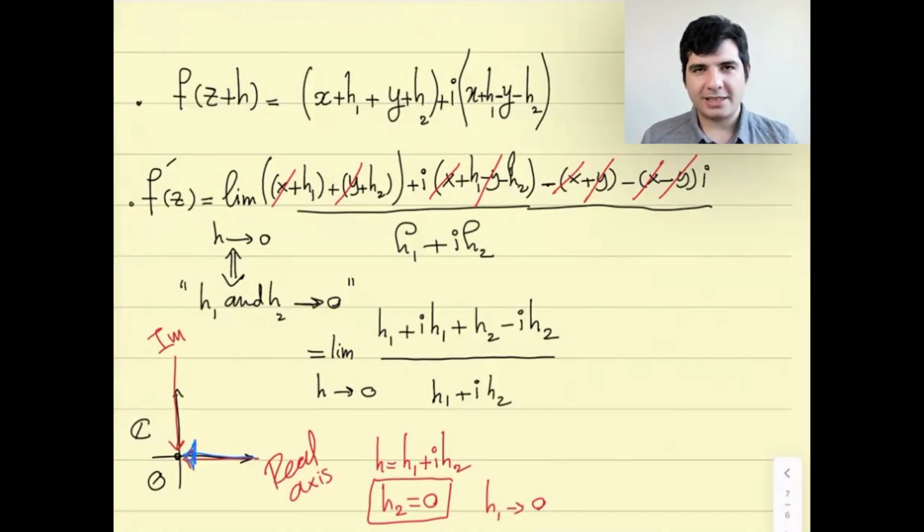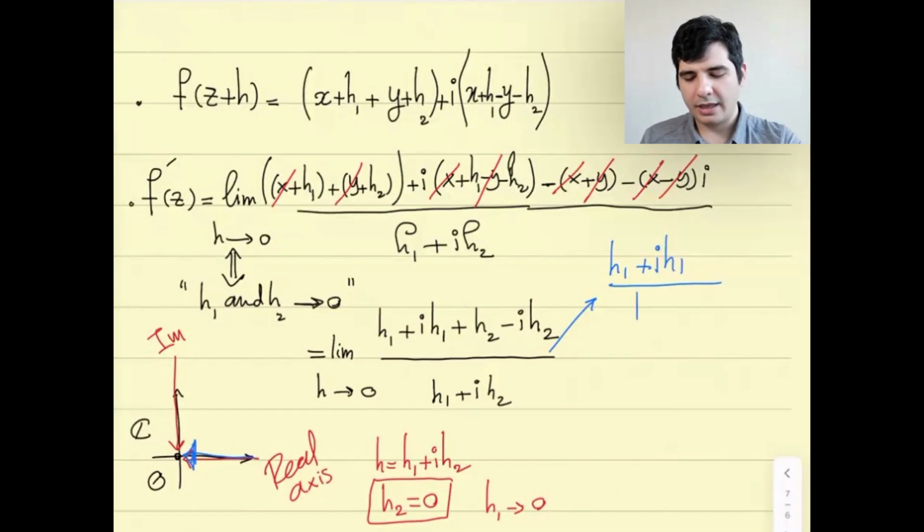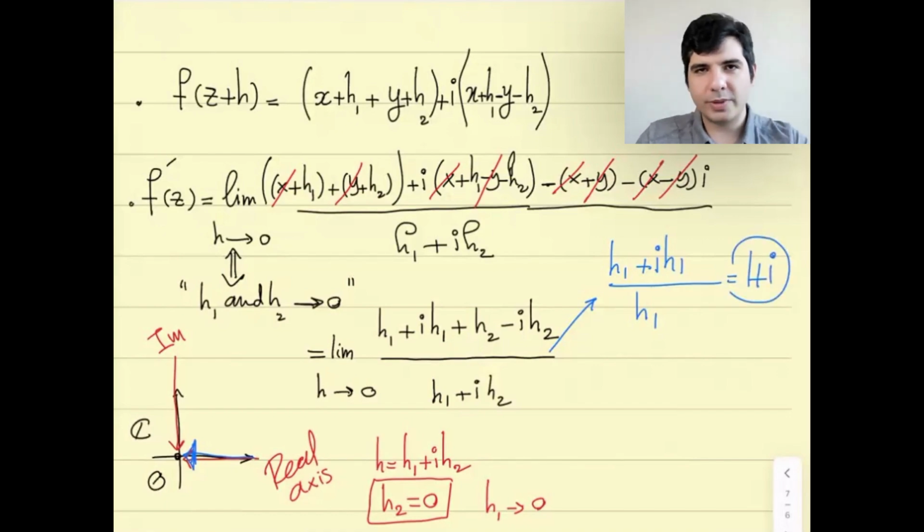So this limit should exist if we take the limit along this axis. What would be the value of the limit? So here h2 is equal to 0, so we can just discard h2. Then the numerator would be h1 plus i h1, and the denominator would be just h1. And then if we cancel h1, what remains is 1 plus i. That would be the limit.